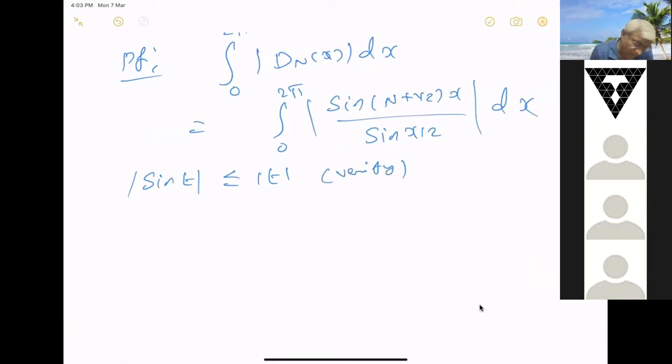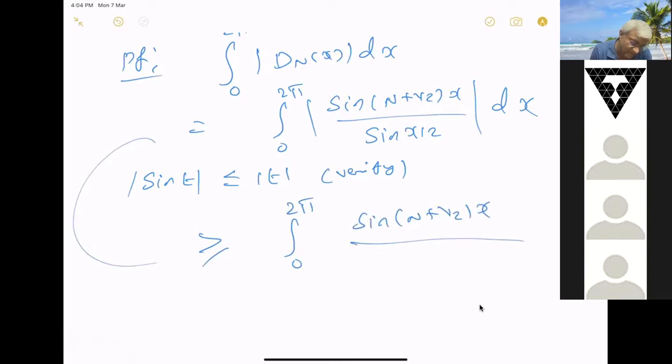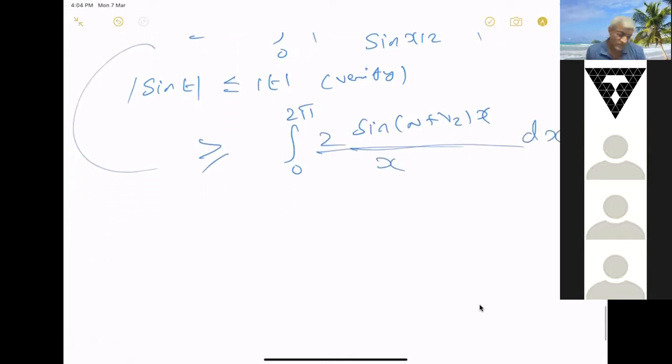Okay, so because of that, we have this is greater than or equal to, we want to show the limit goes to infinity, and they are all positive numbers. So I take it greater than or equal to the integral from 0 to 2 pi of mod sine n plus half x, and I replace sine x by 2 by x, dx. Okay, so now I change this variable.